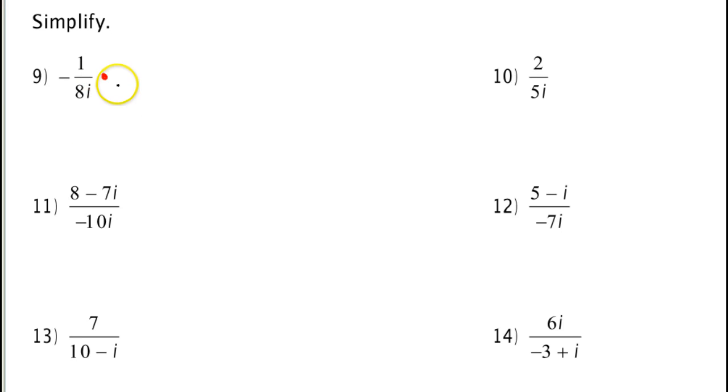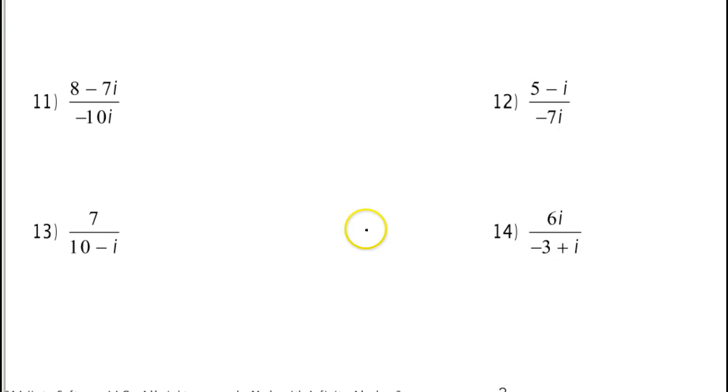Just remember for like 9, if there's no plus or minus on the bottom, you just need to do i on top and bottom. But when you do have the plus or minus on the bottom, that's when you have to multiply by the conjugate.